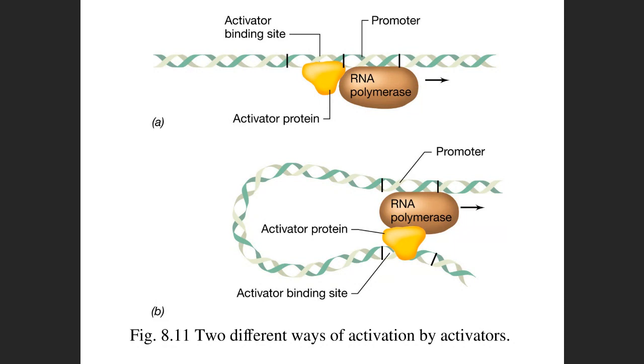And in that case, the DNA actually bends over so that the activator can come back and stabilize this interaction. So that's another example of an activator.